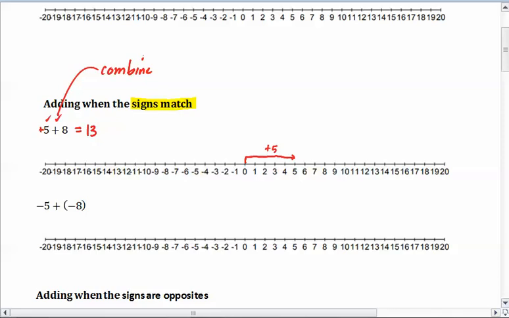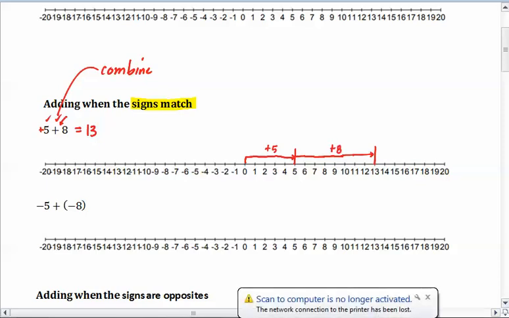I'm going to pick up where I left off, and I'm going to put another 8. What kind of 8? Positive 8, which means I'm going to go in the positive direction. So I'm going to go 8 more. 1, 2, 3, 4, 5, 6, 7, 8. So if I take a 5 and I add an 8, that just means I'm going to move in the same direction on the number line, and of course my result is 13.